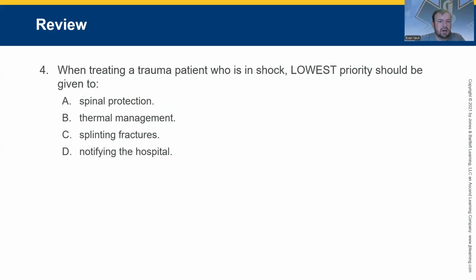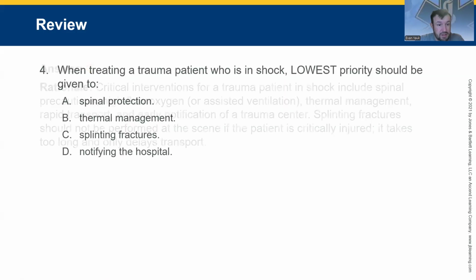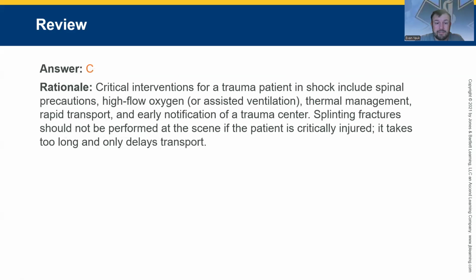Decompensating. When treating a trauma patient who is in shock, lowest priority should be given to... I'm going to say D. Nope, I was wrong. C, splinting fractures. I would have splinted it, but can't get them all right.